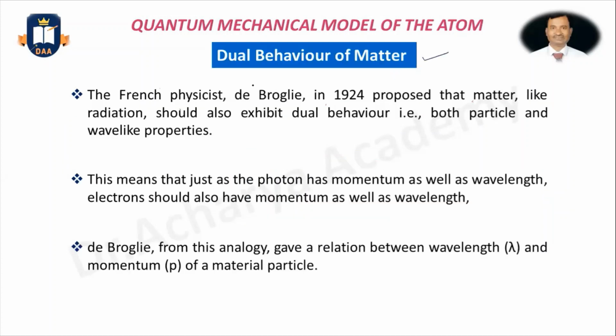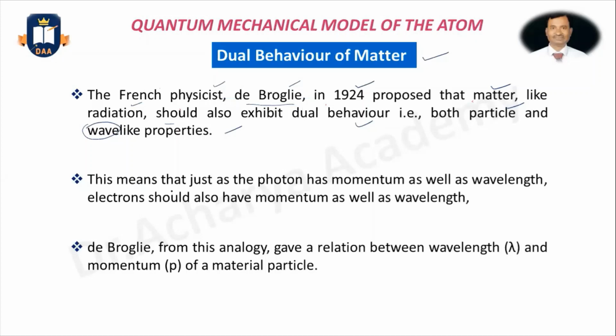What is this? The French physicist de Broglie, a very famous physicist, in the year 1924 proposed that matter, like radiation, should also exhibit dual behavior. That means it should have both particle and wave-like properties.